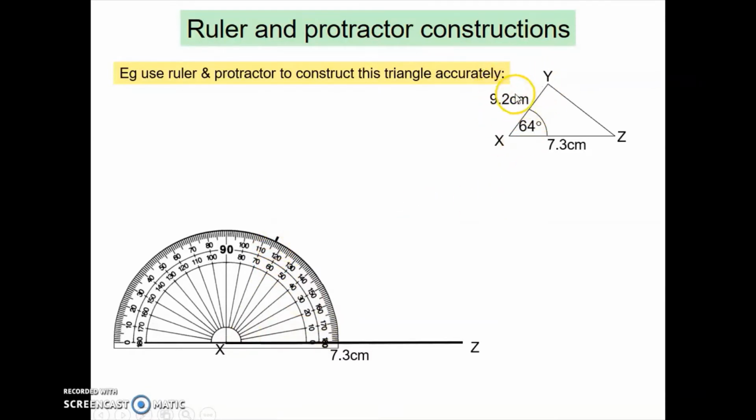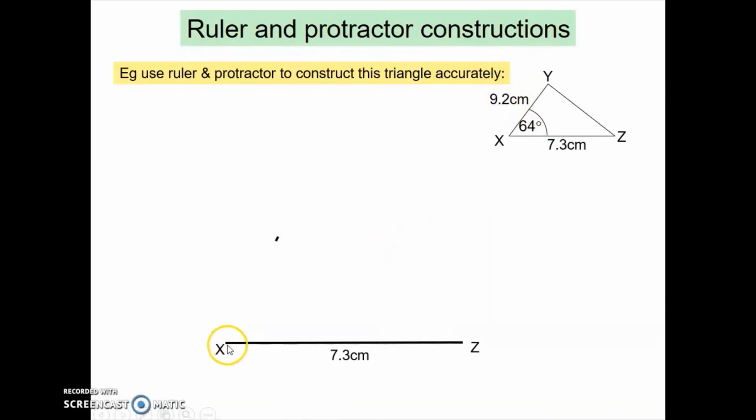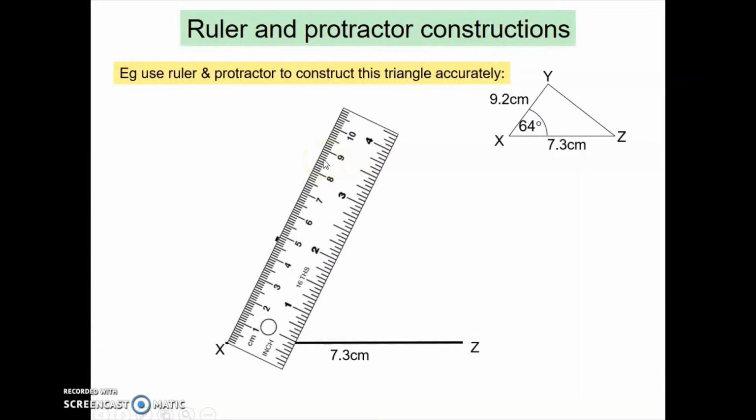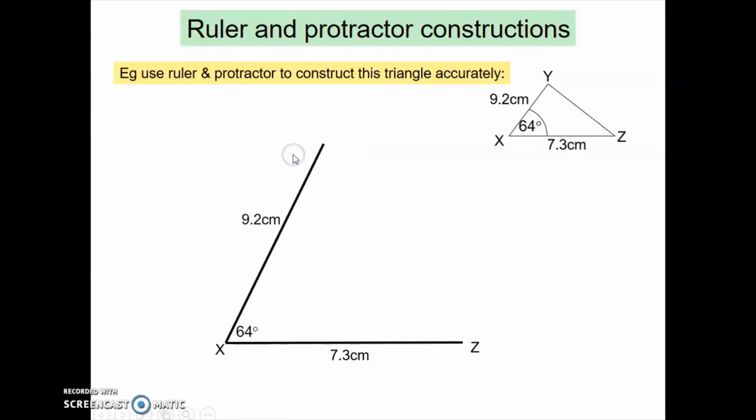Unlike my last question, I know that this length is 9.2 centimeters. So when I come to draw in my line from X through this point here, which will give me the correct angle of 64, I make sure I draw it in as 9.2. So I've used the 3 bits of information in the question to find the accurate point of Y. So this, at the end of this line, is where angle Y would be.